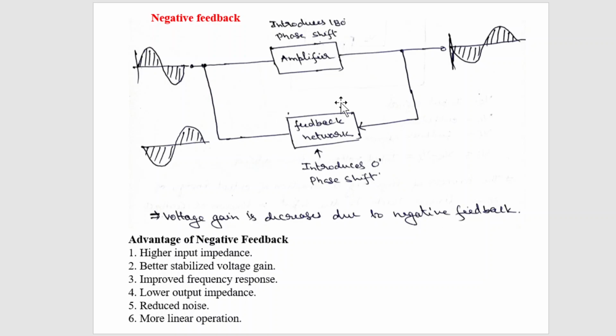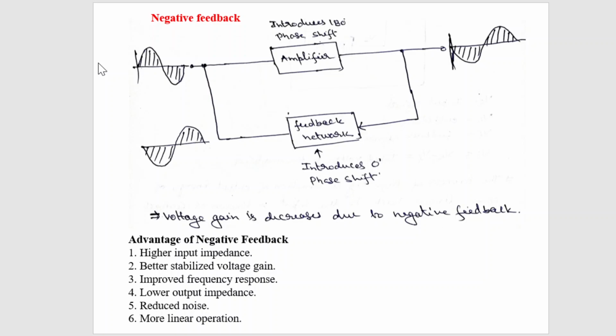So the feedback remains 180-degree phase changed with the input signal. This type of feedback is called negative feedback, because if you sum up both the input and feedback signal, this decreases the gain. Obviously it decreases the gain.